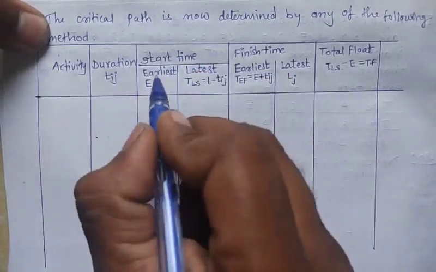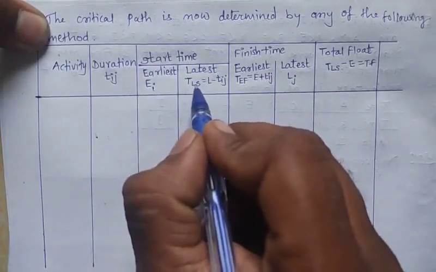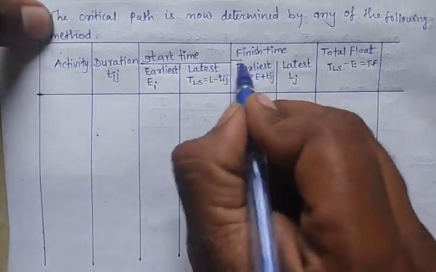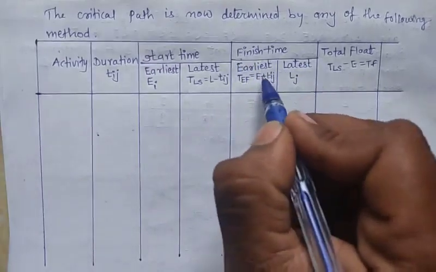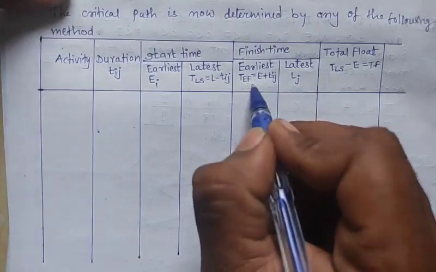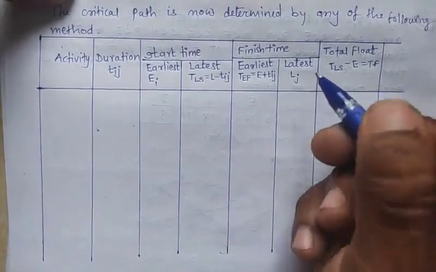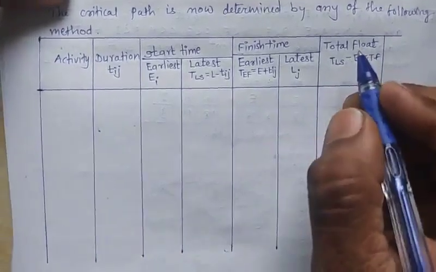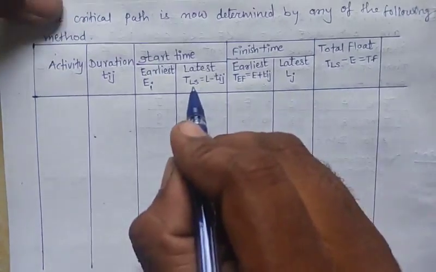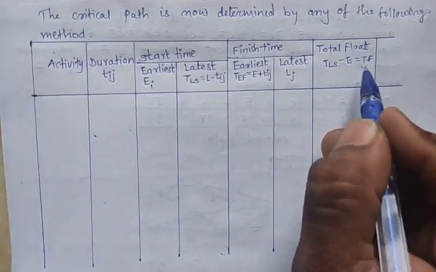In start time there is earliest, EI, and latest start, called TLS, which is L minus TIJ. Next is finish time. In finish time we have earliest and latest time. The earliest time has formula E plus TIJ and the latest is LJ. And last, find the total float. Total float is TLS minus E.